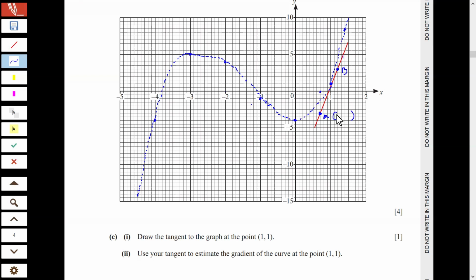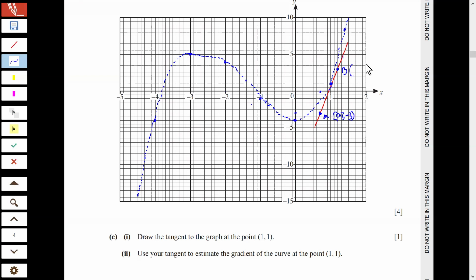So x is 0.7. Now, the y value for this point is here. And of course, we know 2 units represent 1. Here we have 1, 2, and 3, so it's going to be negative 3.